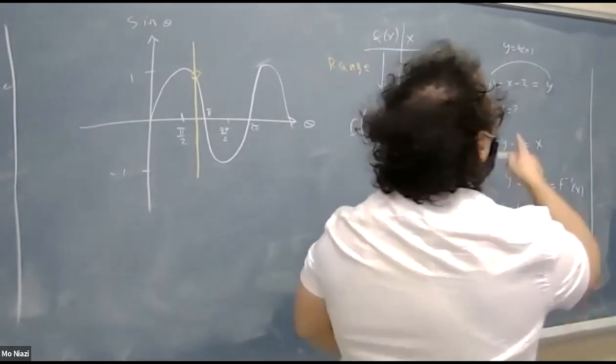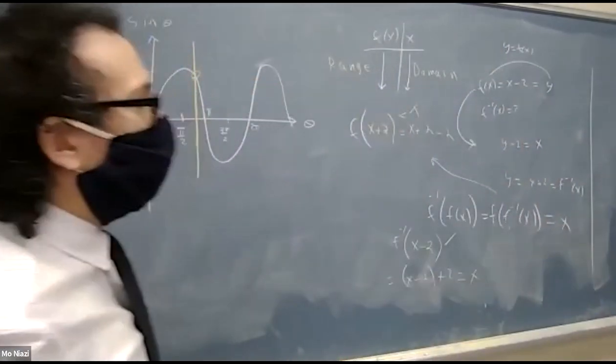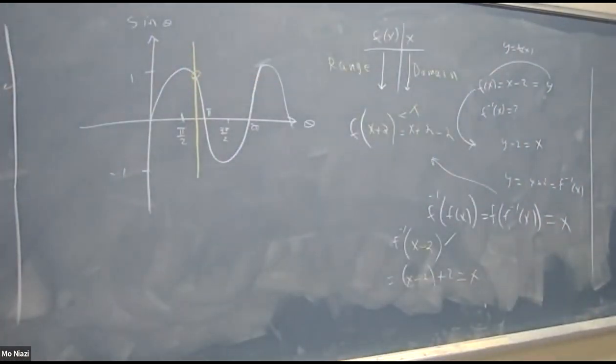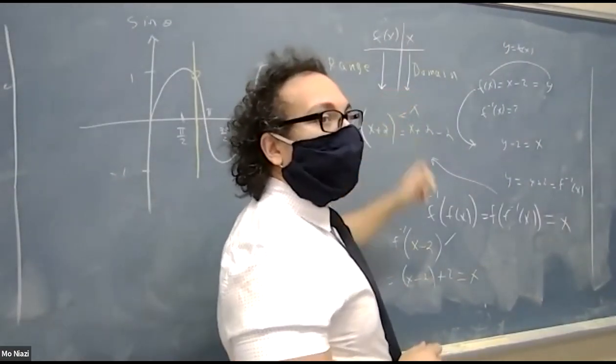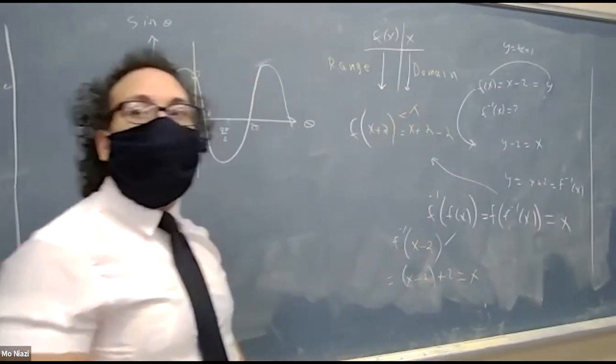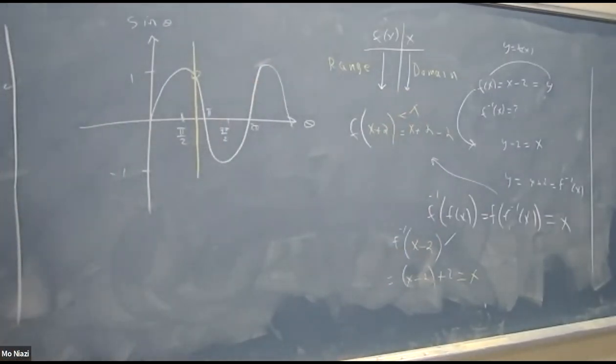So notice that in our algorithm for computing an inverse function, one of the main parts of that algorithm is switching x and y. What does that effectively do? It flips the domain and range. It makes the new range what the old domain was, and it makes the old domain what the range was.